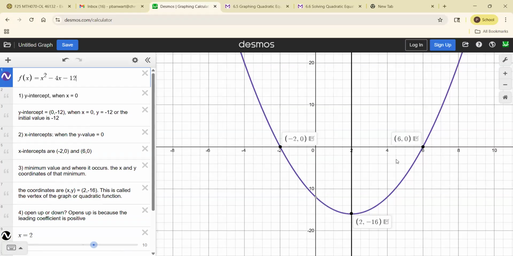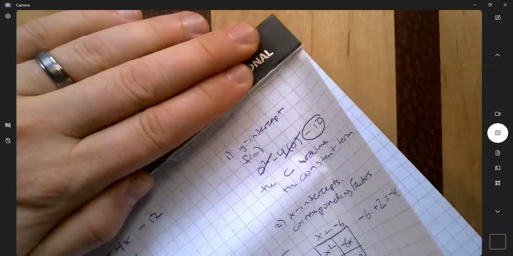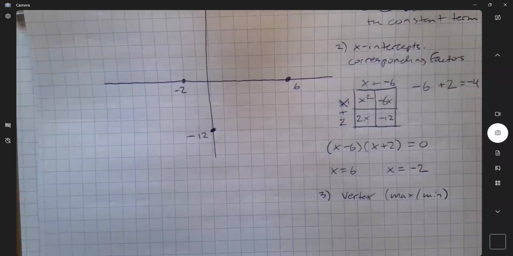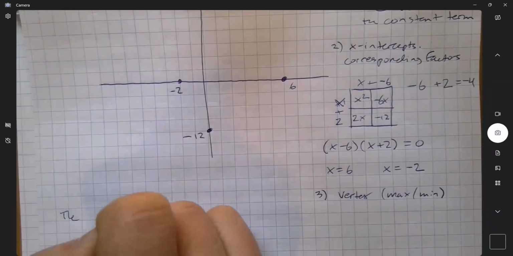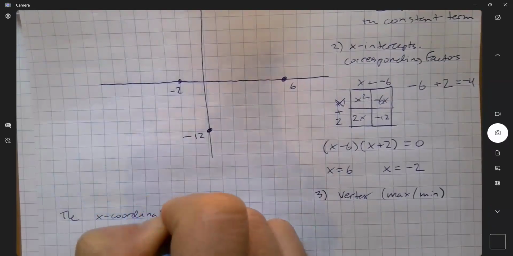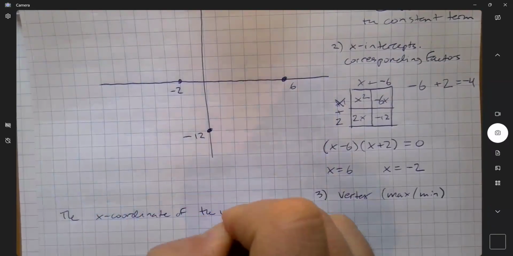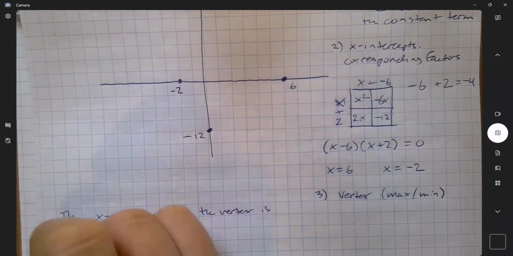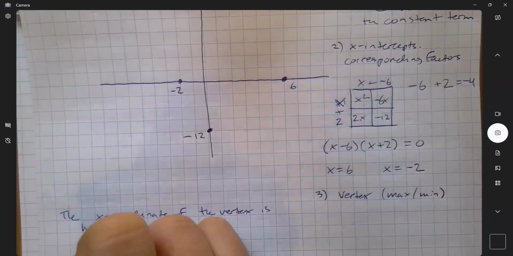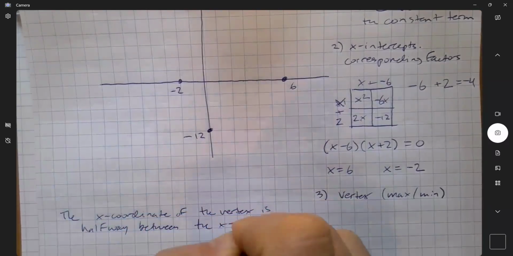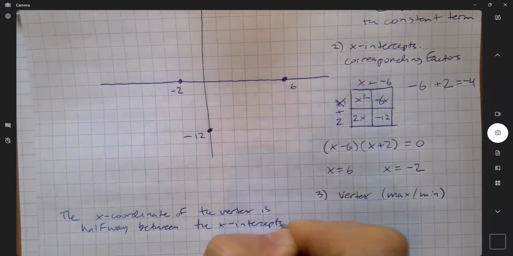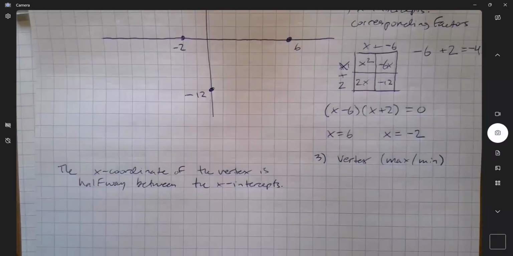So what this means is the x-coordinate of the vertex is halfway between the x-intercepts. It's the middle point.